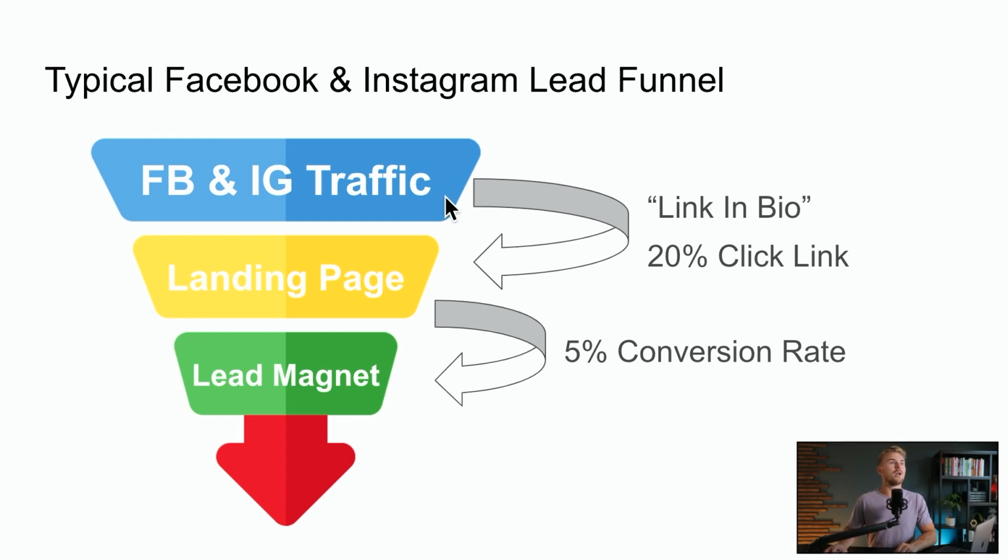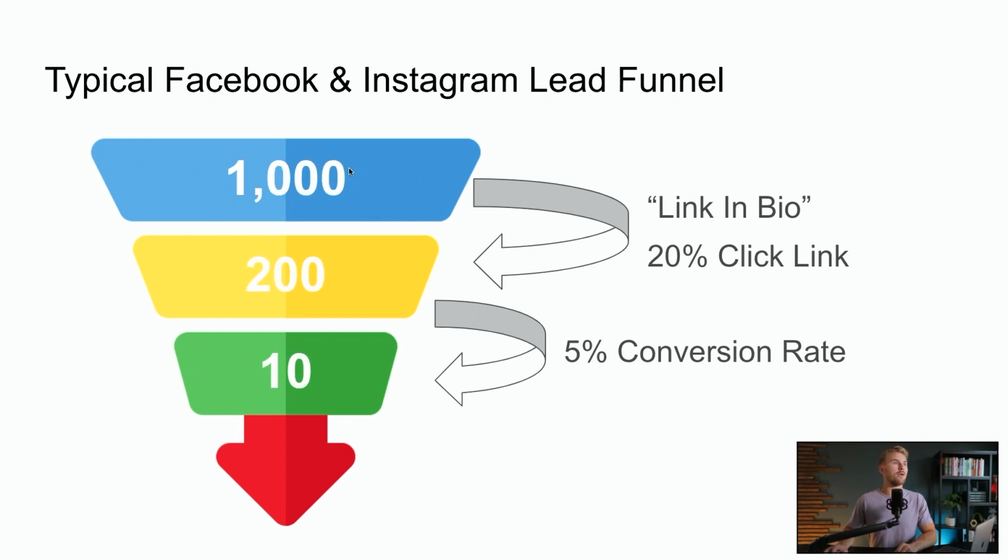If this is how you're going about getting lead magnets to people through your Facebook and Instagram posts, then let's just say you have 1,000 people who see your post, and you've got 20% that click the link in your bio. So then you've got 200 people, and then 5% of those people actually convert and get the lead magnet or get what you're selling. And so now you've got 10 people from the 1,000 people who saw your post that actually got your lead magnet or bought what you're selling.